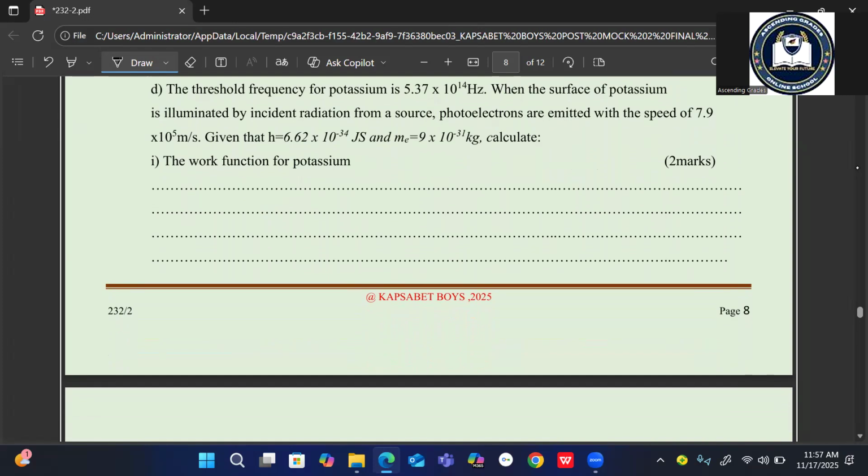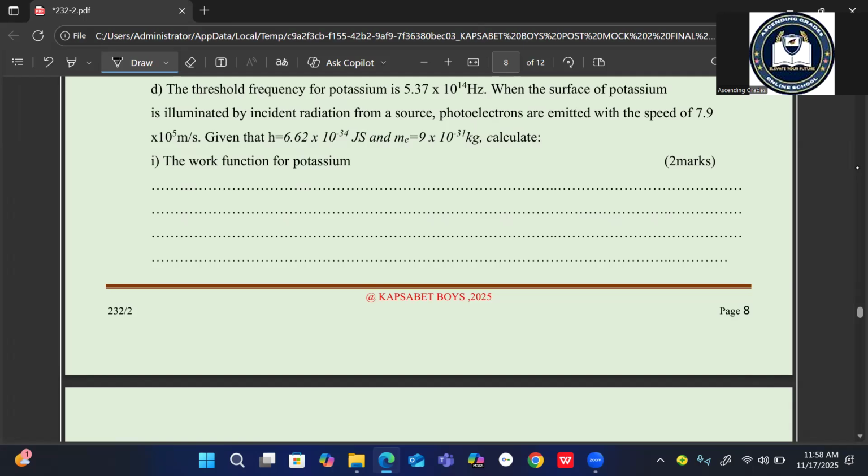The threshold frequency of potassium is 5.37 times 10 raised to the power 14 hertz. When the surface of potassium is illuminated by incident radiation from a source, photoelectrons are emitted with a speed of 7.9 times 10 raised to the power 5 meters per second.